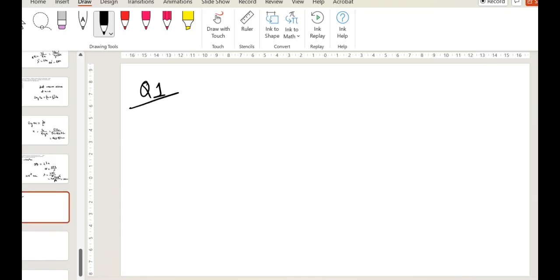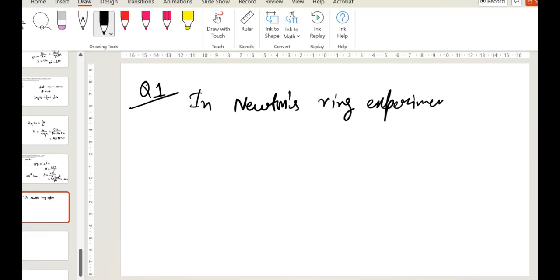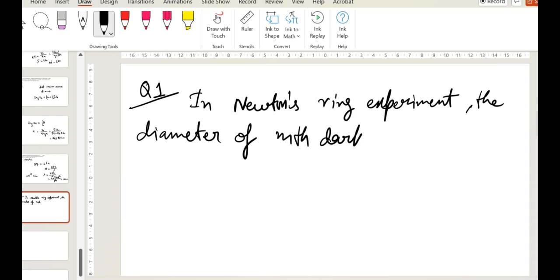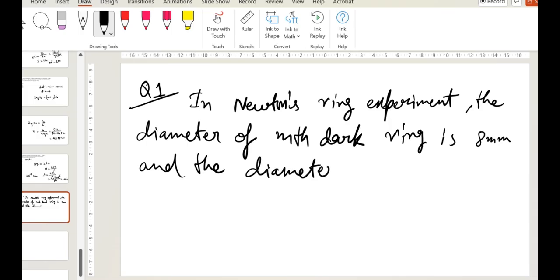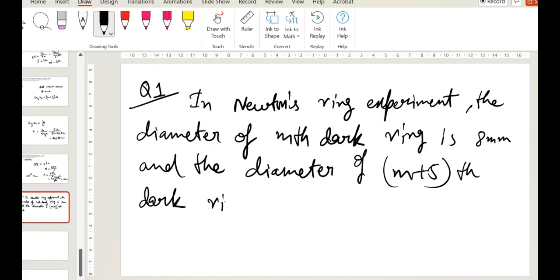Question 1. In Newton's ring experiment, the diameter of the mth dark ring is 8 millimeter and the diameter of the (m plus 5)th dark ring is 12 millimeter.